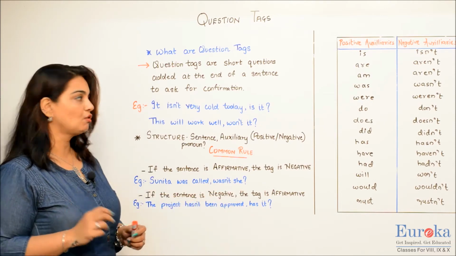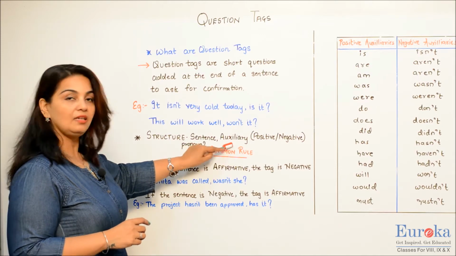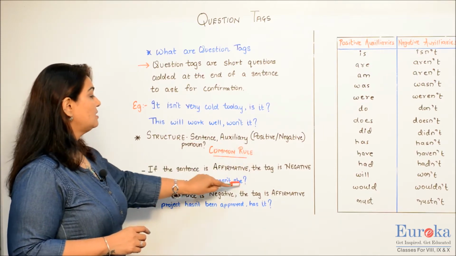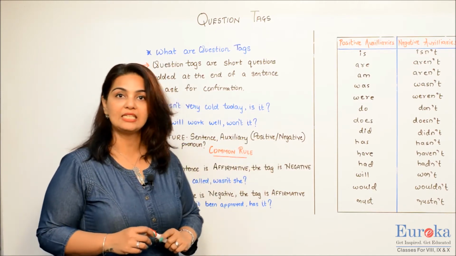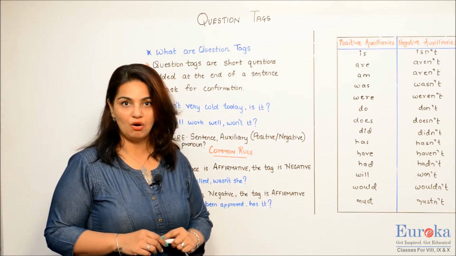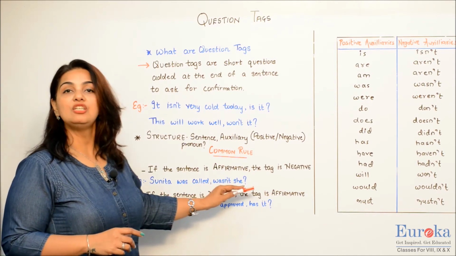Look at the structure of it. The sentence, the auxiliary and the pronoun, that is she. The auxiliary over here is positive or negative? "Wasn't she" has a negative auxiliary. So, Sunita was called, wasn't she?